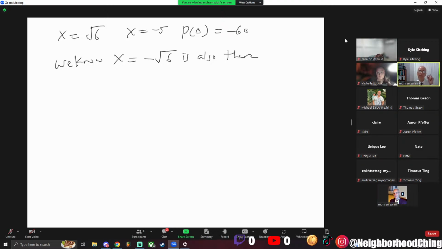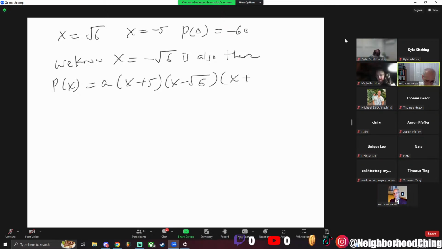And I really hope that you see that it has no choice, because when you solve a quadratic, you get a plus and minus. If you have a cubic, you take a linear factor out, you're left with a quadratic, and then you get a plus and minus. So p of x equals some a, we don't know what a is, times x plus 5, x minus root 6, x plus root 6.